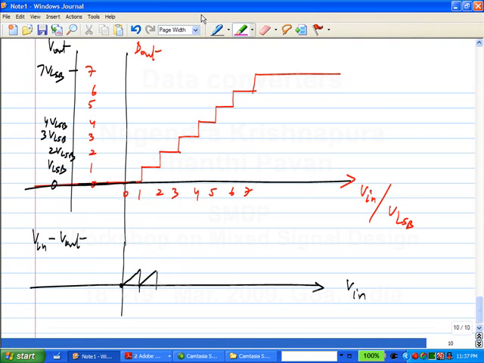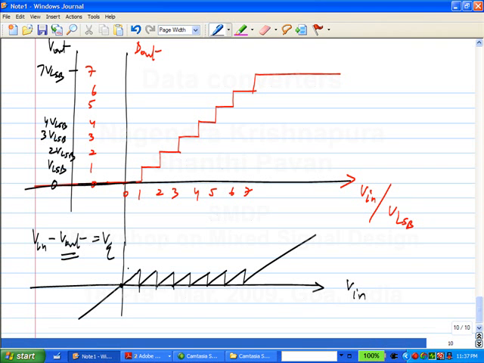So this voltage I call VQ. When V out is jumping, it will follow the jump in V out. When V out is not jumping, it will simply follow V in. So this is just a definition that is easier to handle when we come to other types of converters. That's why I do this. So something like this.